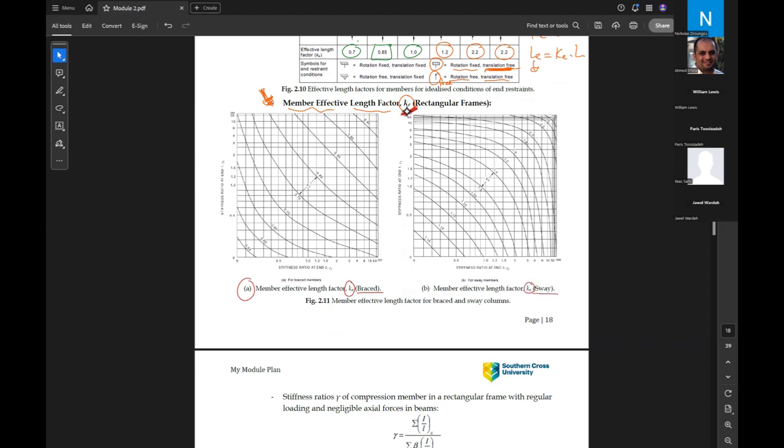Both charts are a relation between gamma 1 and gamma 2 to find the value of the factor K effective. Each plot represents one value of K effective. Here again, same, gamma 1 and gamma 2, and each plot is a value of K effective.